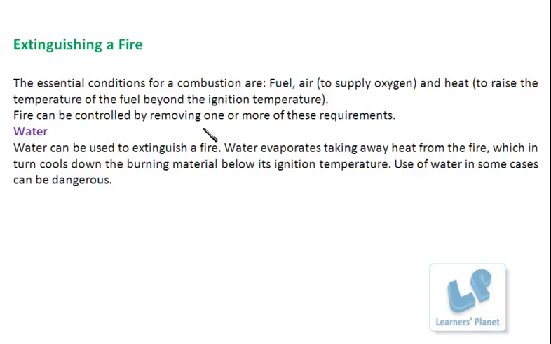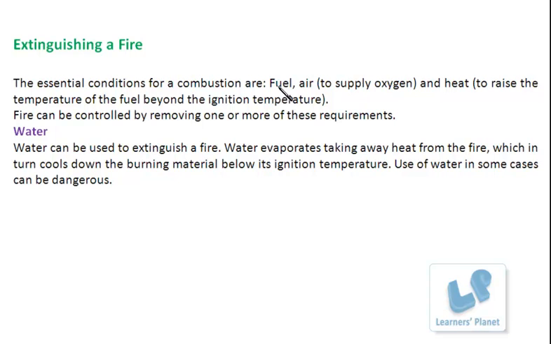This fire can be controlled by removing one or more of these requirements. Now, if you are talking of extinguishing a fire, it means one of these required things is to be removed. So once there is a fire, you can't cut off this heat. See, this heat is required so that the substance starts burning, so that the temperature of the substance increases beyond the ignition temperature.